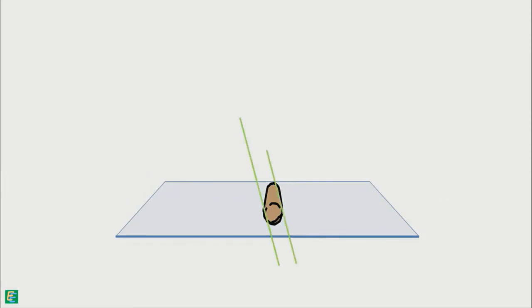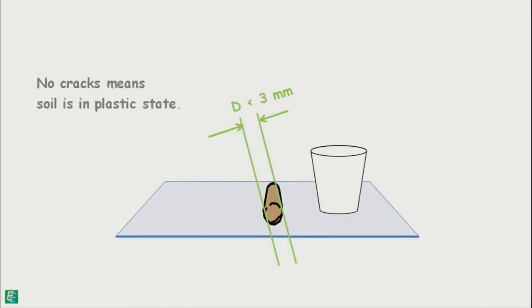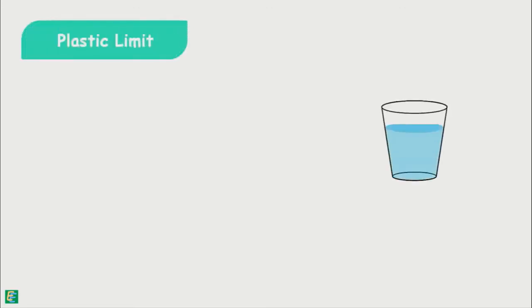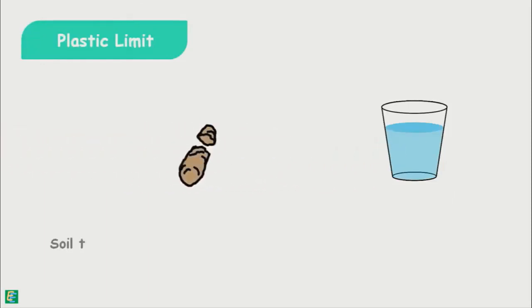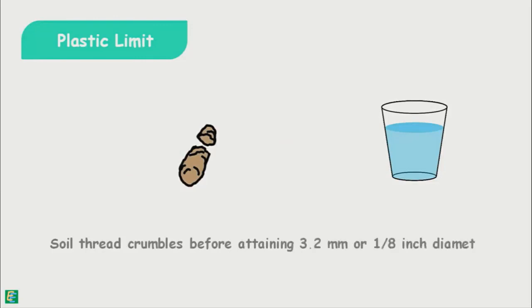If the diameter of the thread becomes smaller than 3 mm without any crack formation, it shows that the soil is in plastic state and its water content is higher than the plastic limit. The plastic limit is the water content of the soil at which soil just begins to crumble when rolled into threads of 3.2 mm or 1/8 of an inch in diameter.